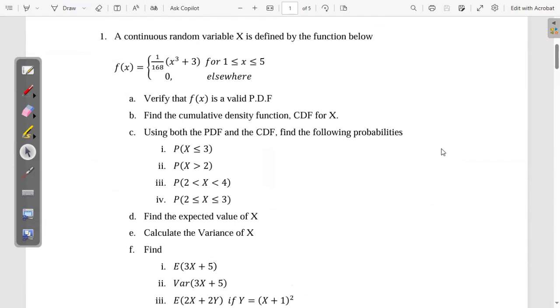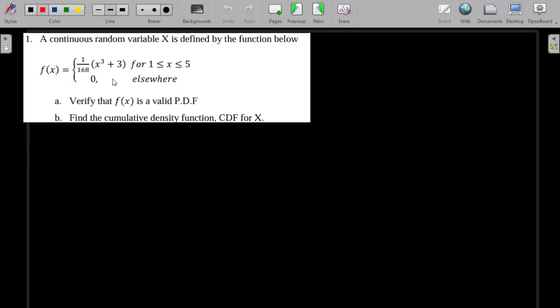Those probability mass functions for discrete random variables were valid at specific points, meaning X was valid at specific points. But now when we come to continuous, we're going to see that this f of x, the PDF, will be valid on an interval. You can see that even from the definition, the way they're defining it. So let's start solving them.